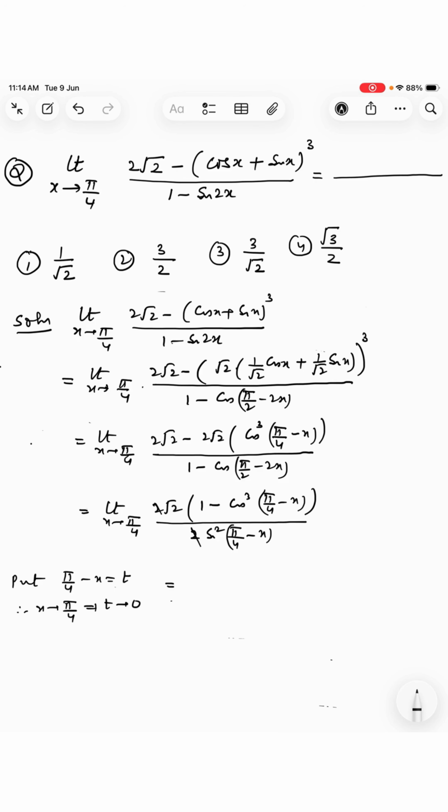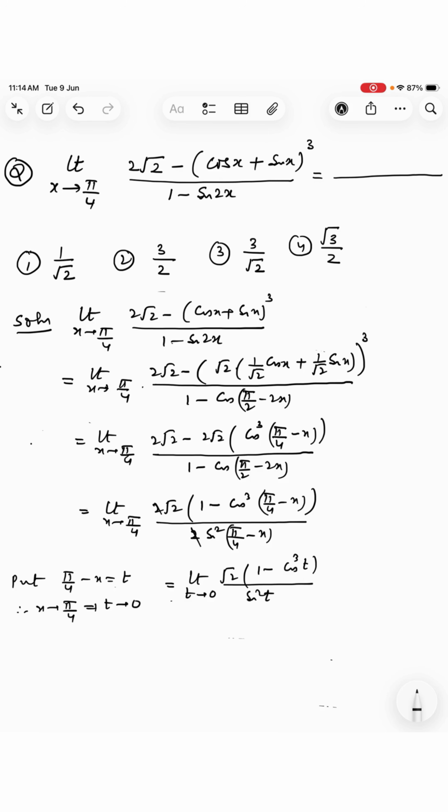So therefore, this will be limit t tending to 0 of root 2 into (1 minus cos cube t) divided by sin square t.